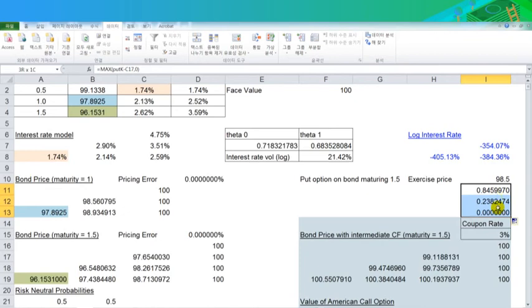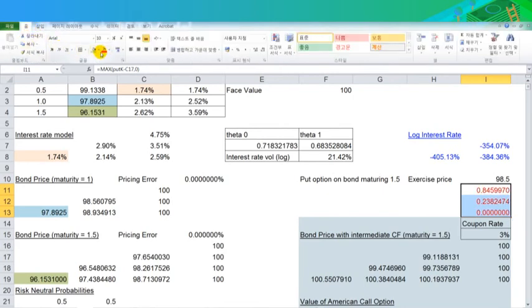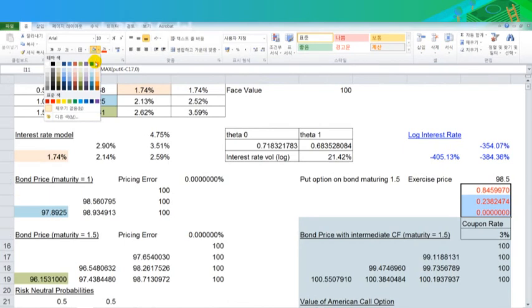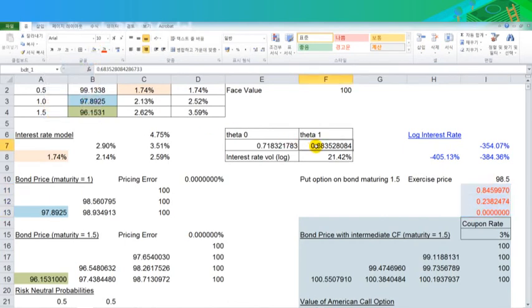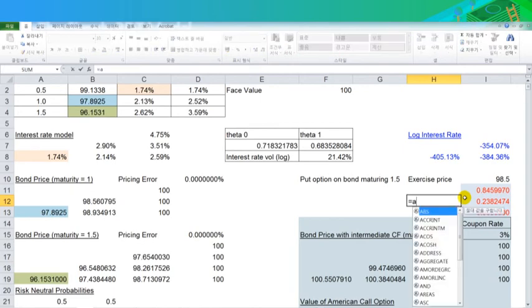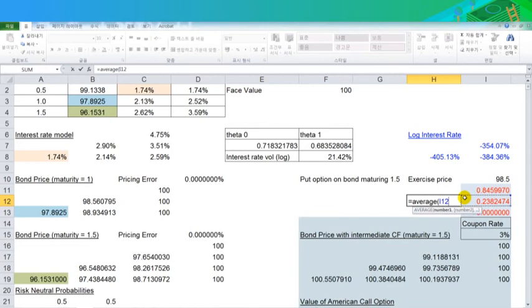So anyway, we calculated the payoff of the put option at the expiration of the put option. Let's highlight this one. Now here, we want to calculate what the put option price is 6 months earlier. We know the risk neutral probability is always 50%. So first we get the average of these two.